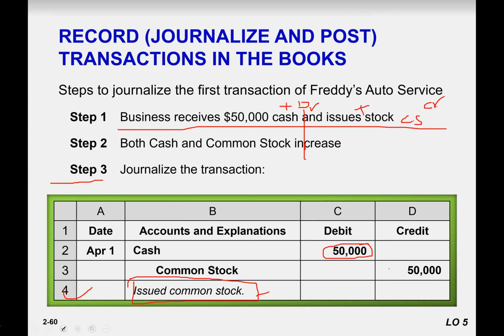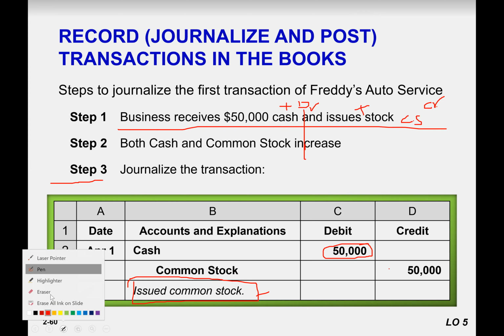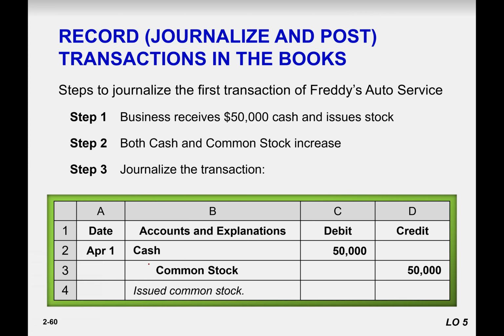Now how do we pronounce it? We pronounce this as cash to common stock. Whatever comes after the word to is credited. So we pronounce the journal entry as cash to common stock. Again, cash to common stock, which means whatever comes before the to must be debited.